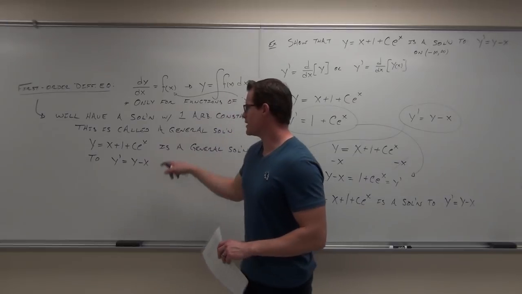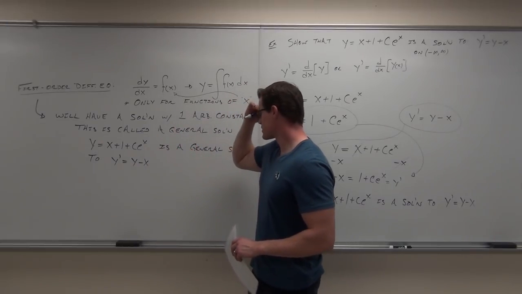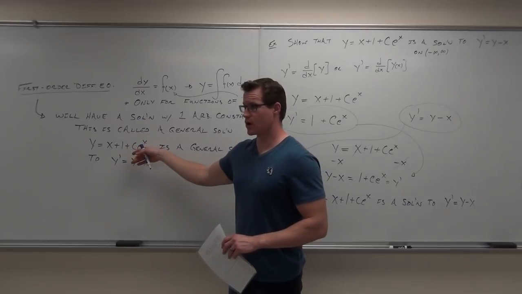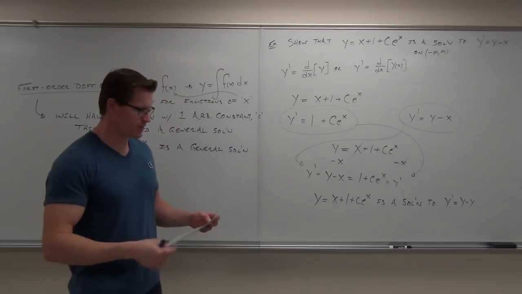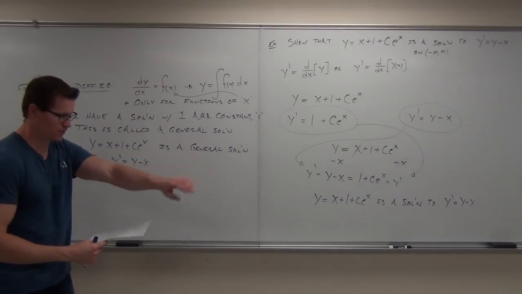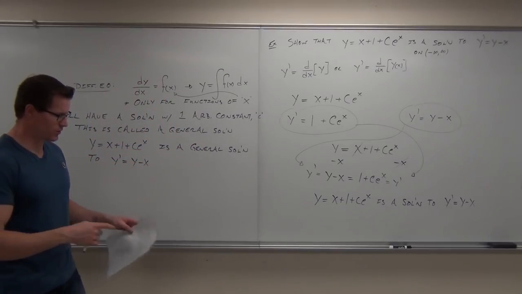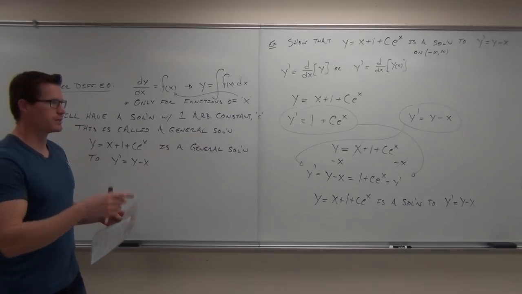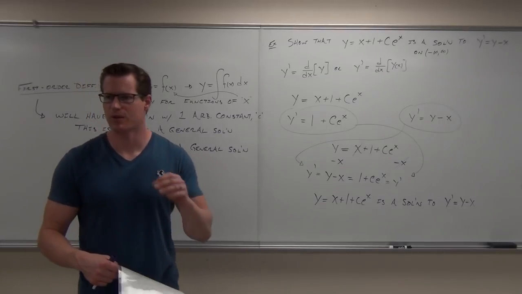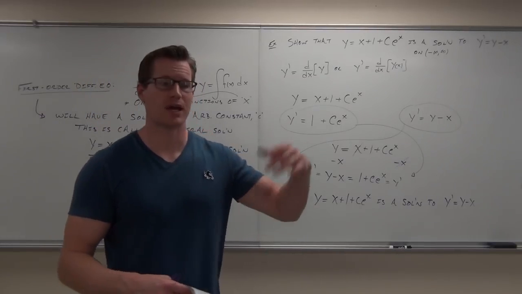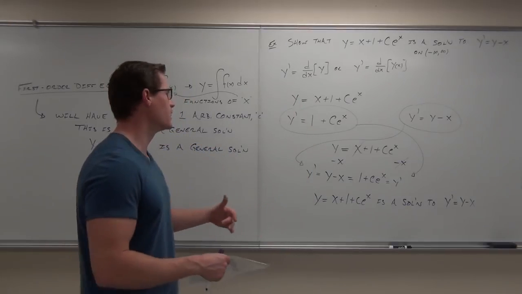So basically, here's the idea. We have this idea of a general solution, which has your arbitrary constant in there. If we want a specific condition, so a particular solution, we need what's called an initial value, or an initial condition. By the way, the general solution gives you a family of integral curves. It's a family of curves, just like when you add c to the end of an integral, you get a family of curves that satisfy that condition.